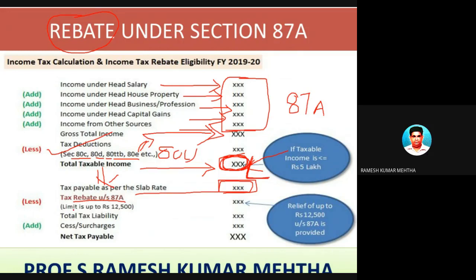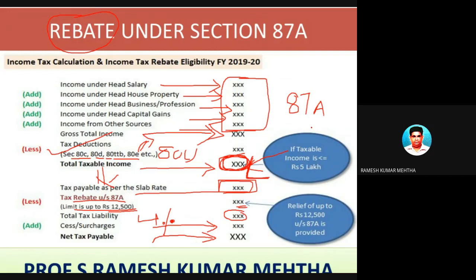This is limited up to rupees 12,500. So you deduct 12,500, and then you will come to know what is your tax liability, and add on this 4% surcharges on secondary or higher education cess and health cess, and this is the net tax payable by the assessee for the said financial year or assessment year.